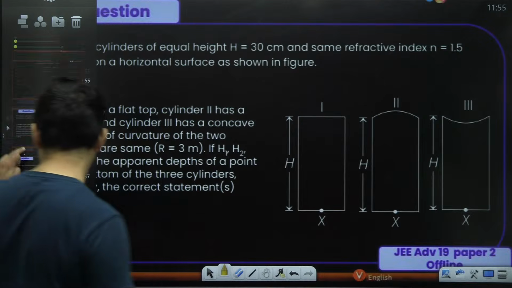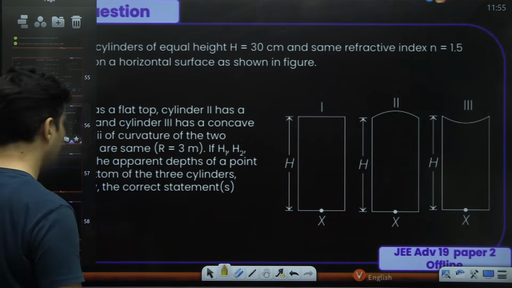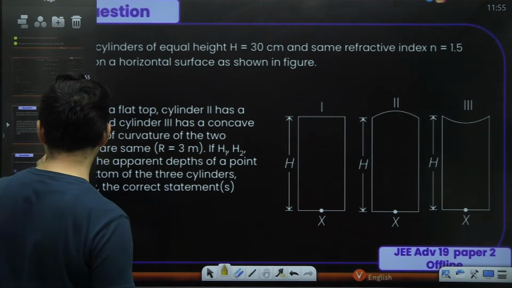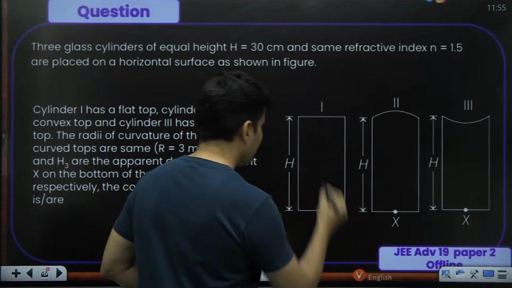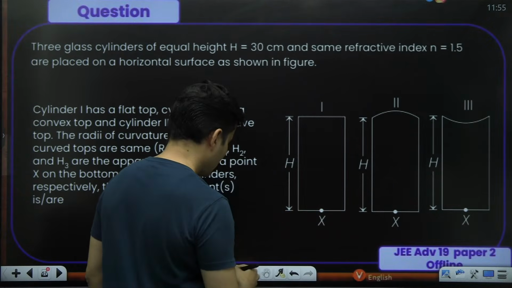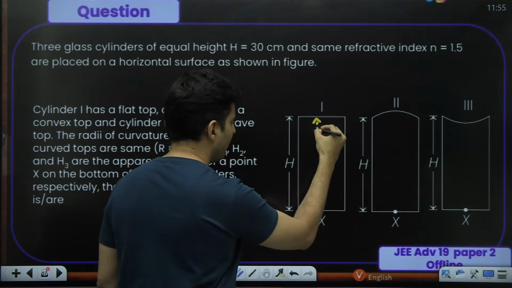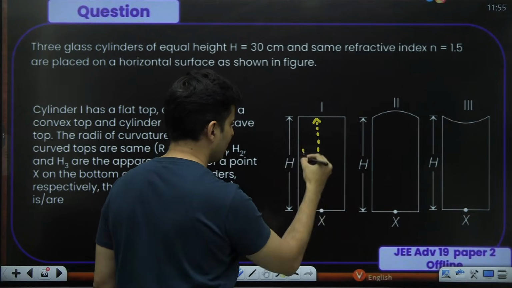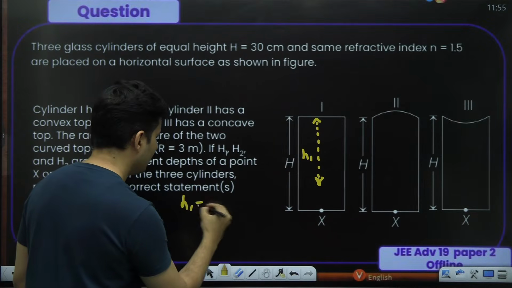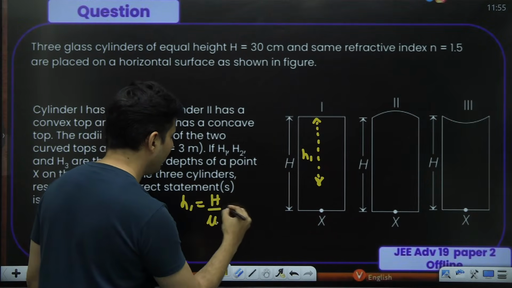Let me just create a duplicate. This is your normal flat surface. So this point X will come over here. So the apparent depth in the first case, H1, will be the original height divided by mu.